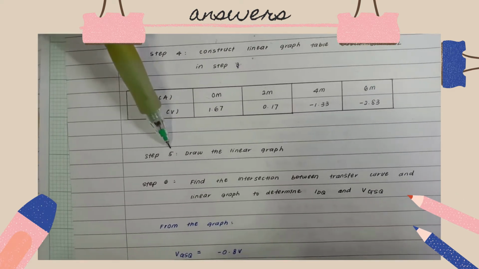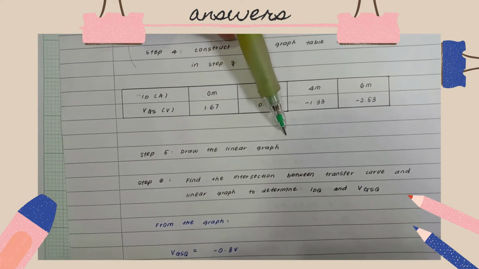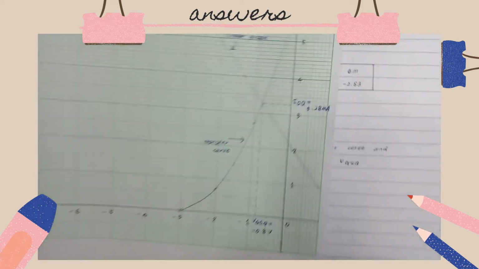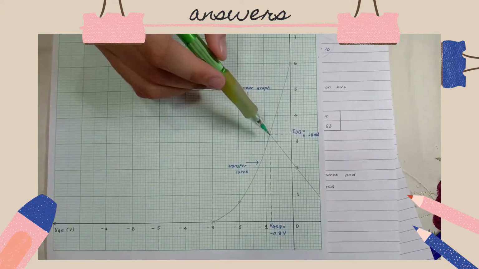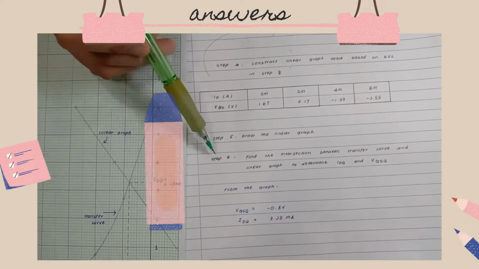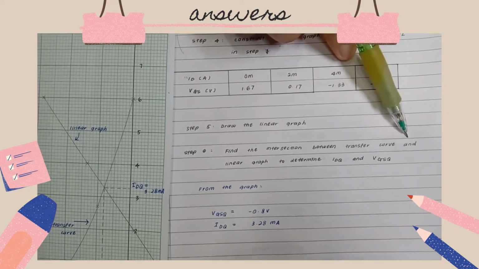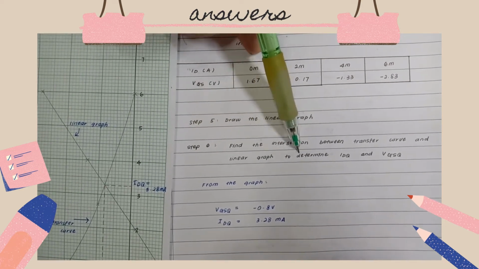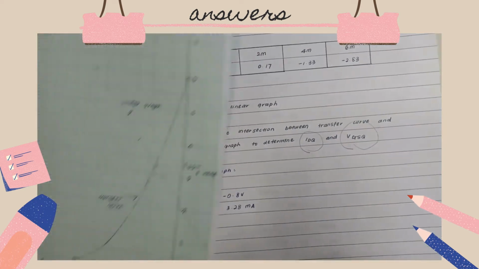The step number 5 is to draw the linear graph at the same graph paper before. So, we will get this linear graph after we plot all the information from this table. The step number 6 is to find the intersection between transfer curve and the linear graph to determine the value for IDQ and VGSQ.